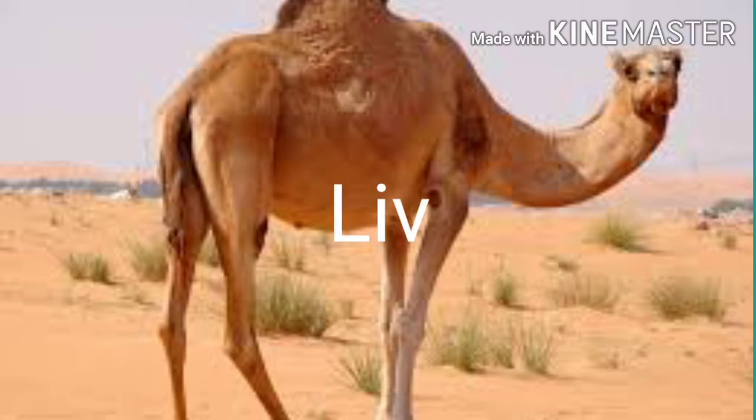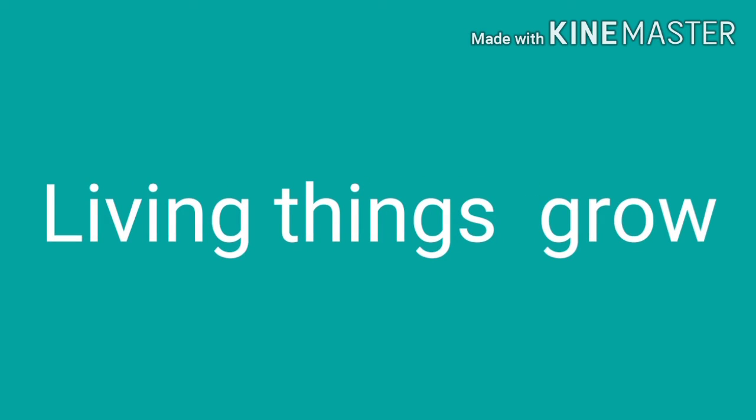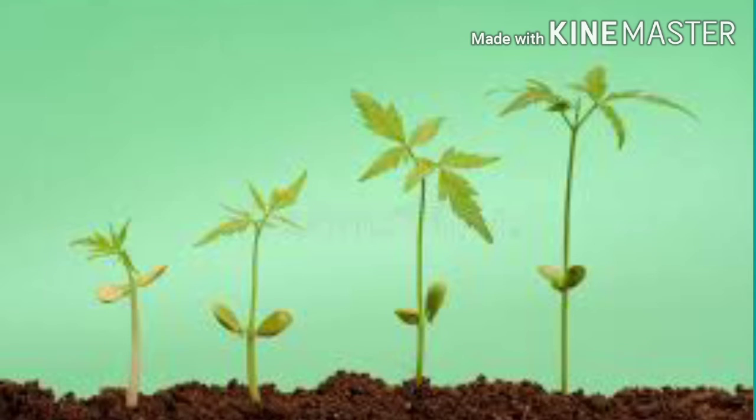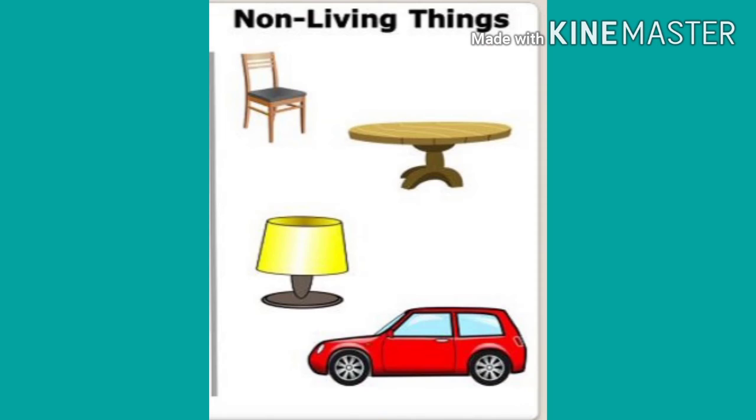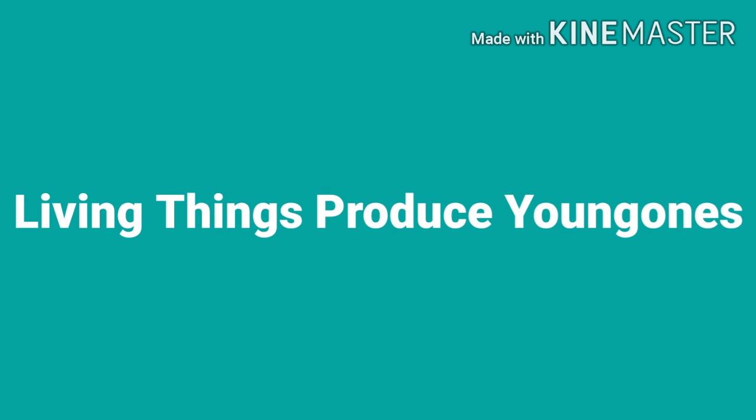Next characteristic, living things grow. Plants grow throughout their lifetime, whereas animals grow only during the early part of their lives. What about non-living things? Yes, non-living things do not grow. The next characteristic is that living things produce young ones.